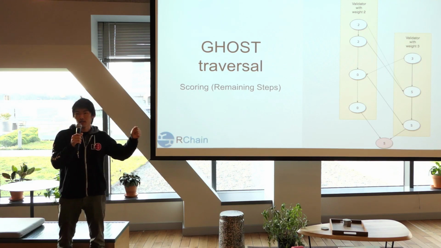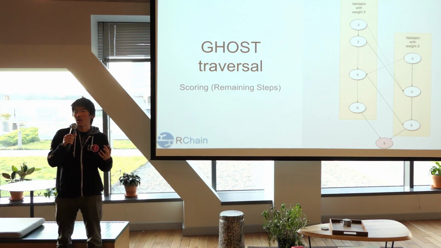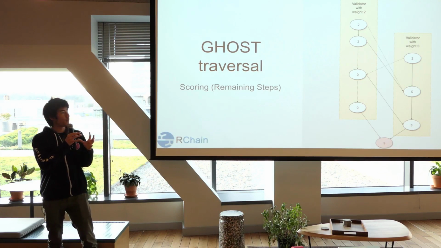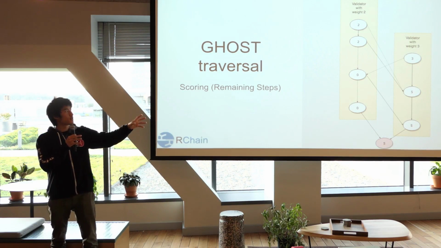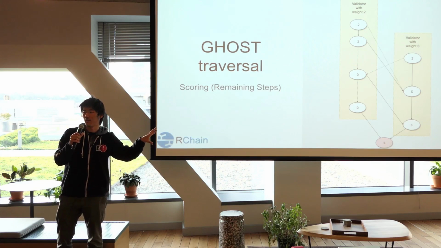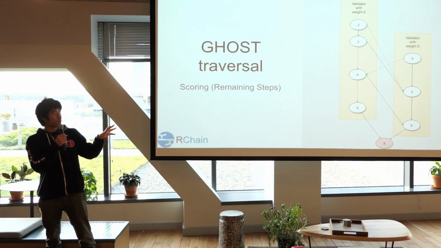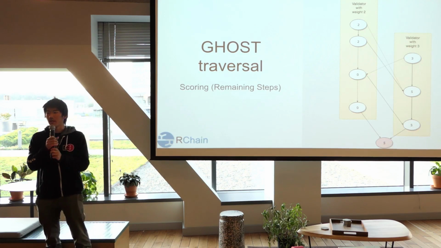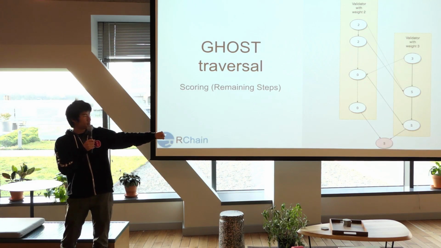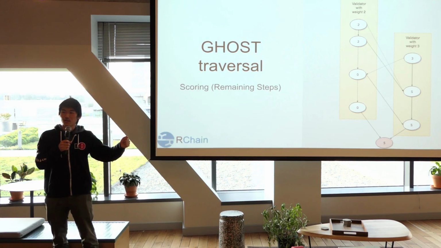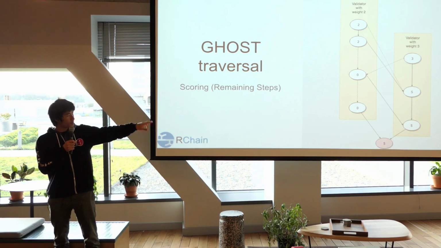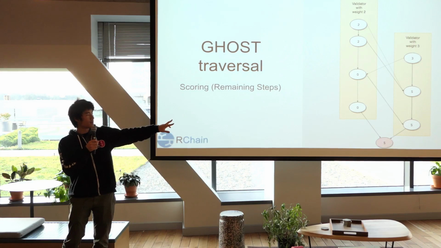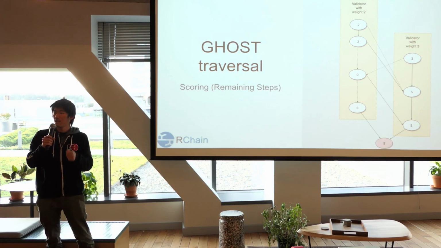And then so that is the score of the various blocks from the perspective of the outside viewer. And so now you want to find out, OK, which one's the tip. So what you do is you start from the genesis block, and then you go up. You have 2 options at the start, right, between 0 and 5, and you take the one that is larger.